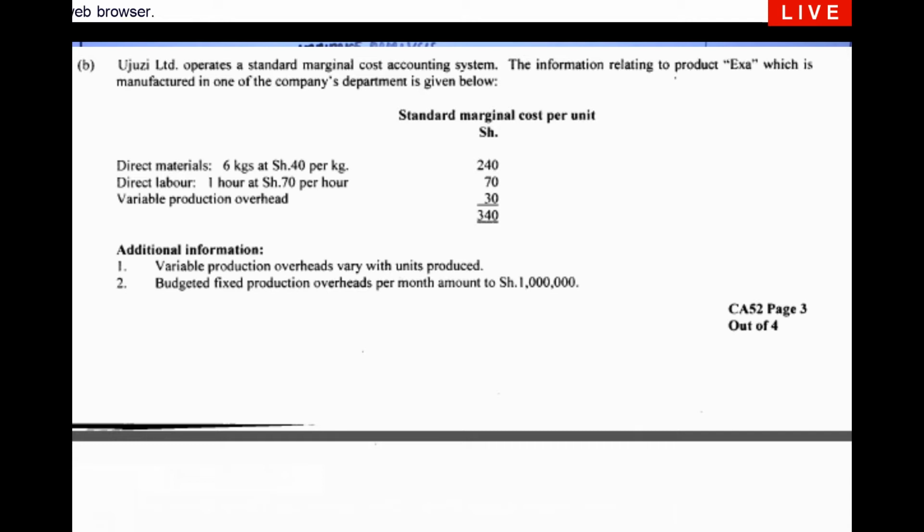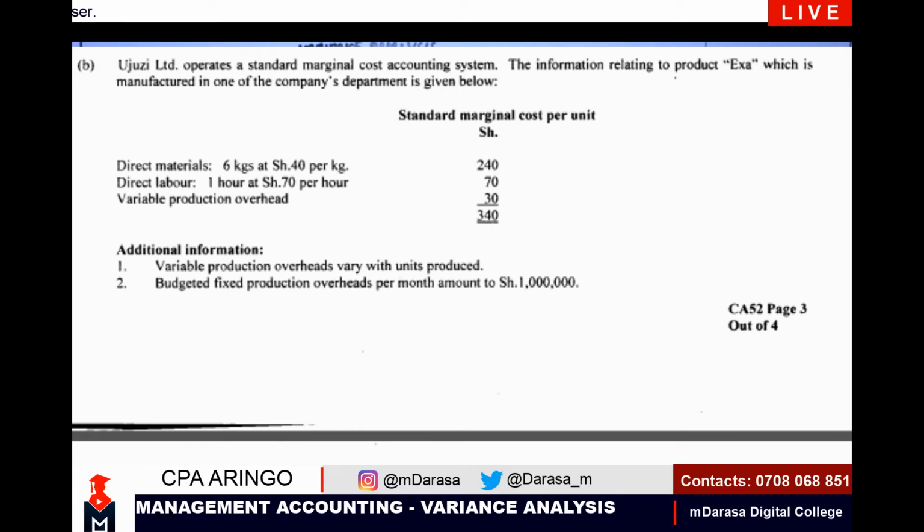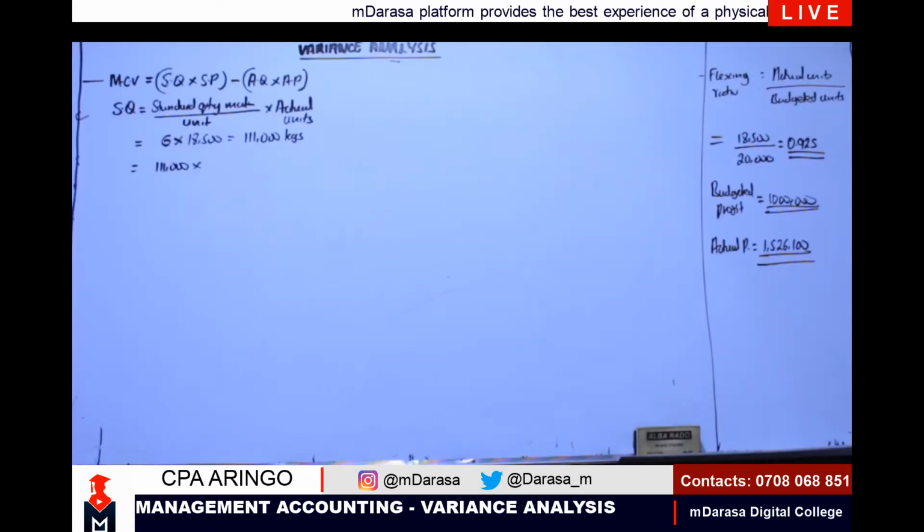Looking at our question here, I had budgeted to purchase each kg with how much? 40 shillings, right? 6 kgs at 40 shillings per kg. So standard price is 40. So in this case, I should be talking of 40.